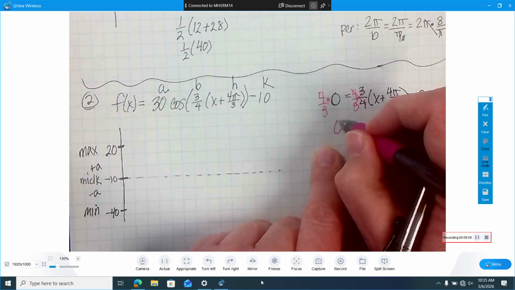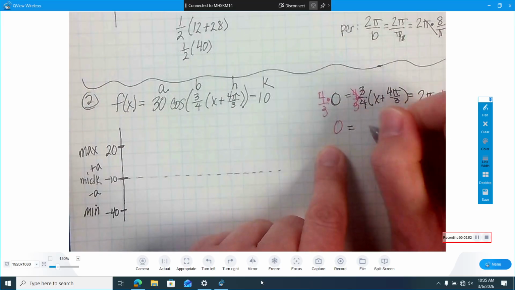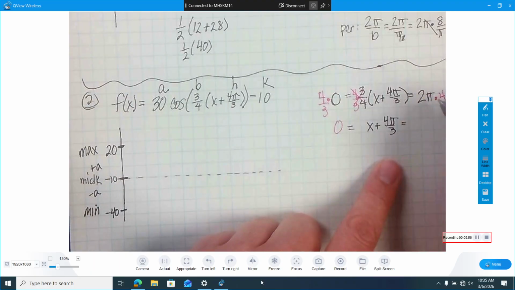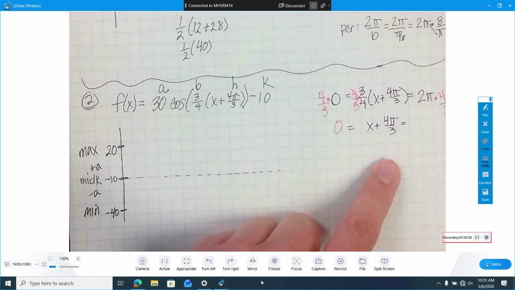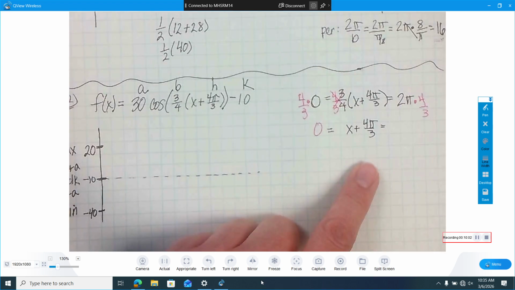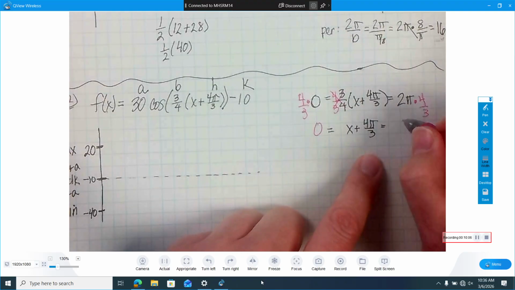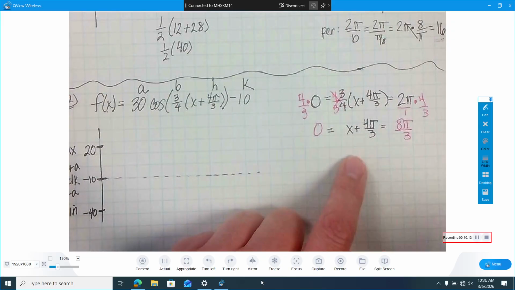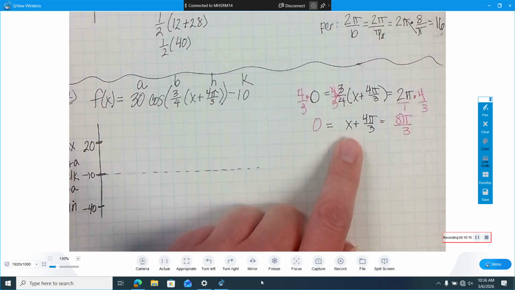0 times 4/3 is 0. And what is 2 pi times 4/3? Yep, 8 pi over 3, multiplying straight across there. 8 pi over 3. And then how do you get x all by itself in the middle?